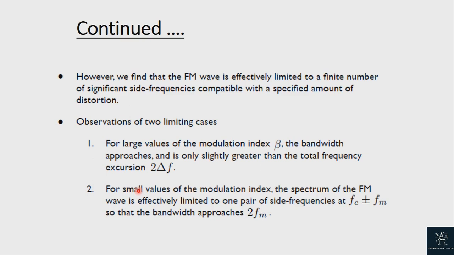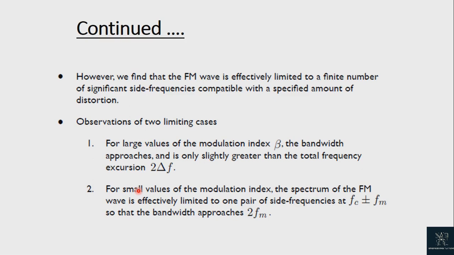In theory, an FM wave contains an infinite number of side frequencies. However, we find that the FM wave is effectively limited to a finite number of significant side frequencies, compatible with a specified amount of distortion.